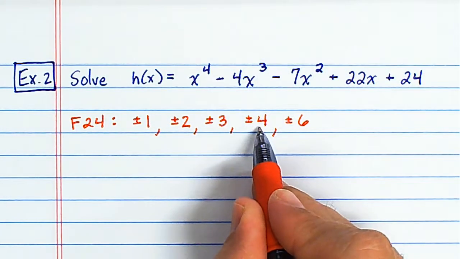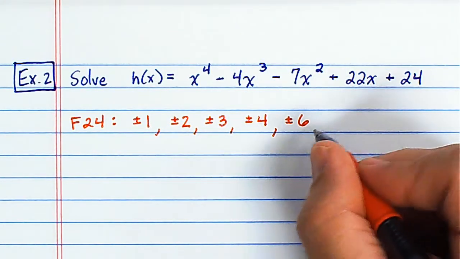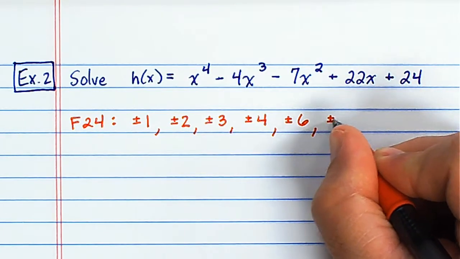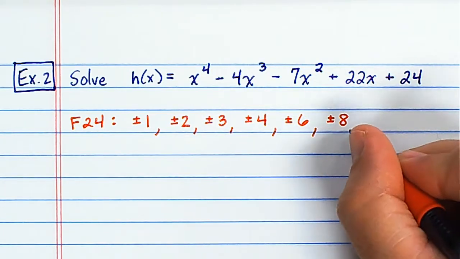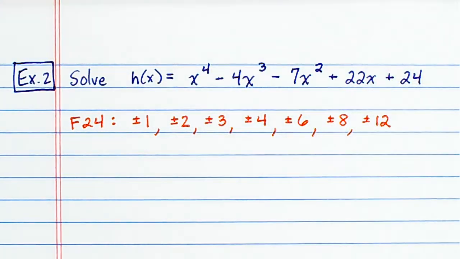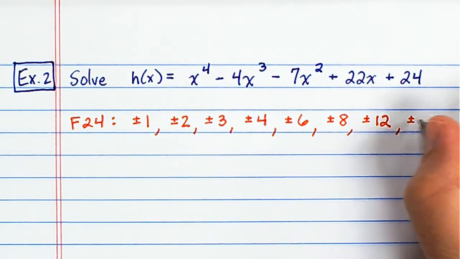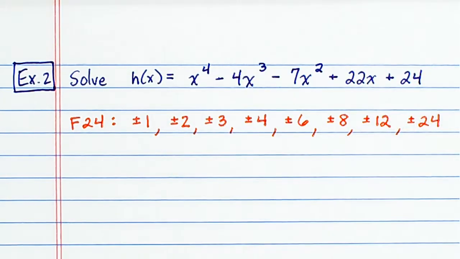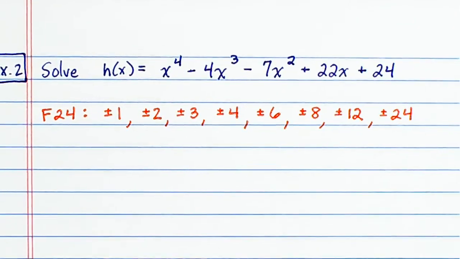So 4 times 6 is 24. 6 times 4 is 24. 8 times 3 is 24. And 12 times 2 is 24. And 24 times 1 is 24, isn't it? So we have a lot of factors here.